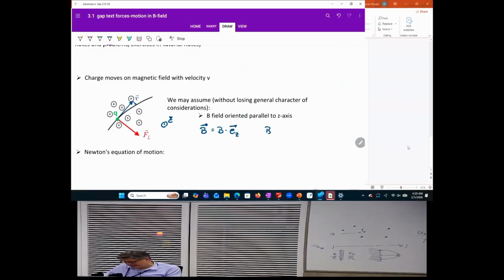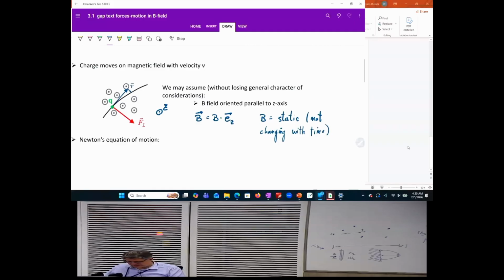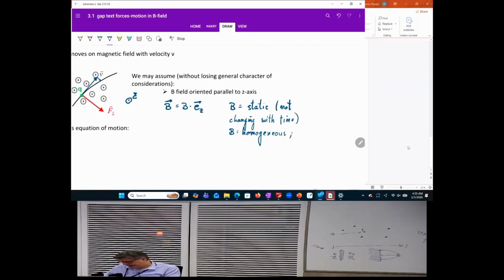The B field is static, so that means it is not changing with time. And also the B field is homogeneous. It is parallel aligned with the unit vector z, which we see because it's only in z direction. We are here in Cartesian coordinates.